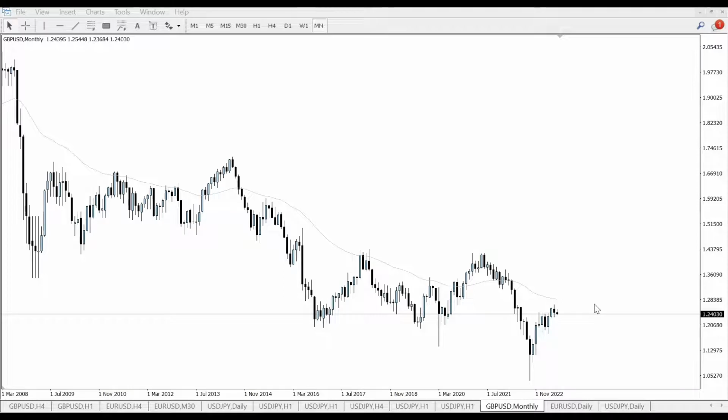So I will rarely be using rejection blocks, but nonetheless, it's a PD array. And for the times we will use it in our forecast, you need to see it and be able to identify it. So I'll be identifying the rejection block inside the monthly chart, the weekly chart, the daily chart, and the 4-hour chart.